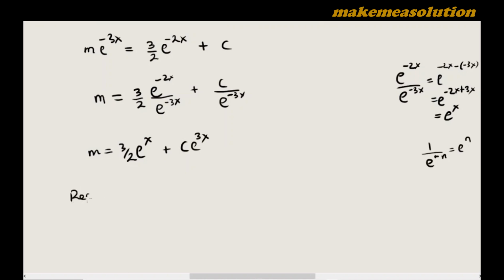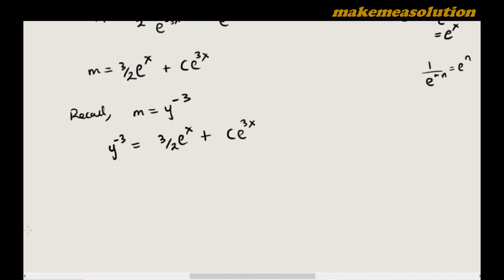So you have to recall that m is actually y to the power of minus 3. Are we together? M is y to the power of minus 3. So we have y to the power of minus 3 is equal to 3 over 2 exponential x plus c exponential 3x.